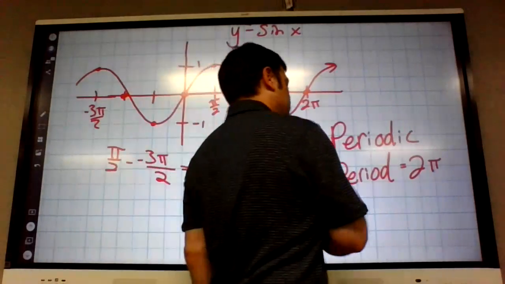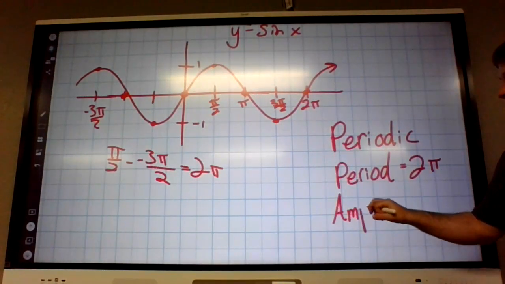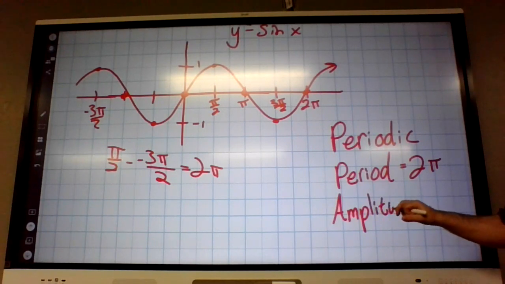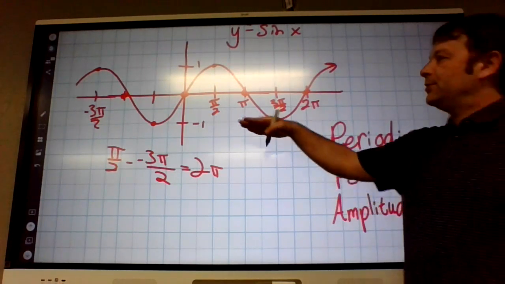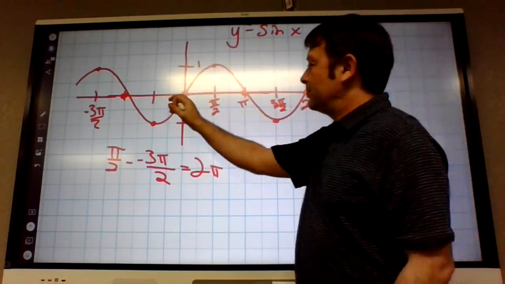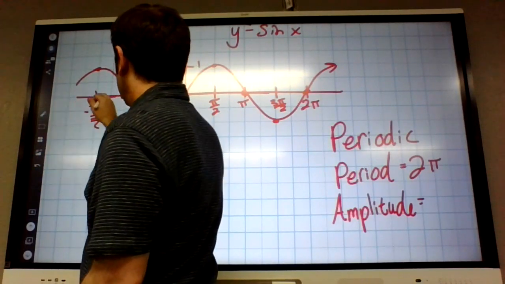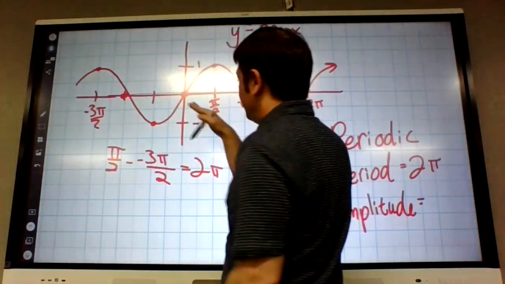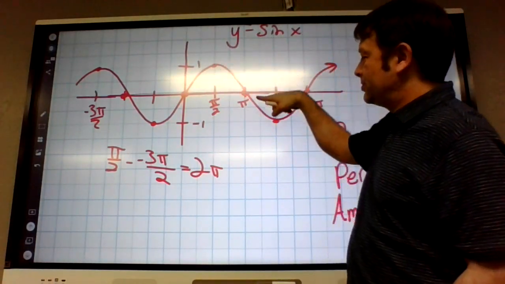Okay, the last term that we need for today is called amplitude. The amplitude is how much the graph goes up and down from the middle, the middle being the x-axis in this case. So how much is the graph going up and down from there? It's going up 1 and going down 1.